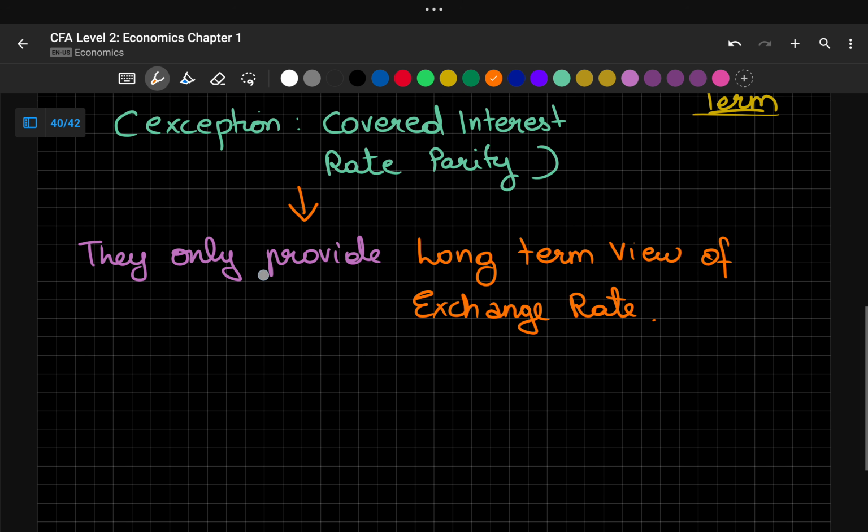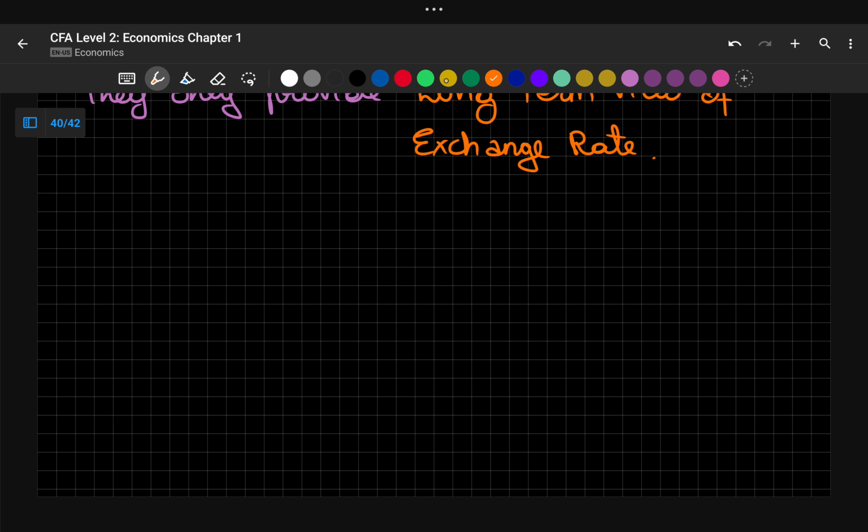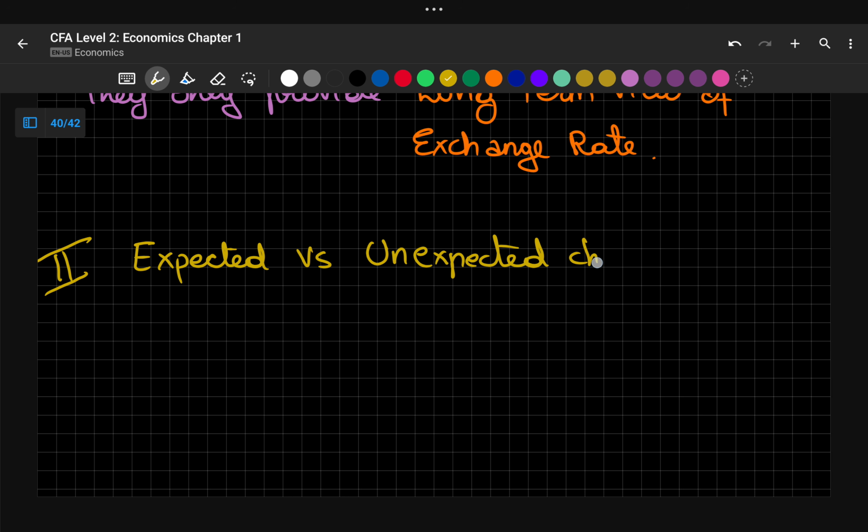Okay. Now the second point is that parity conditions hold when there is an expected change in market conditions, versus an unexpected change.